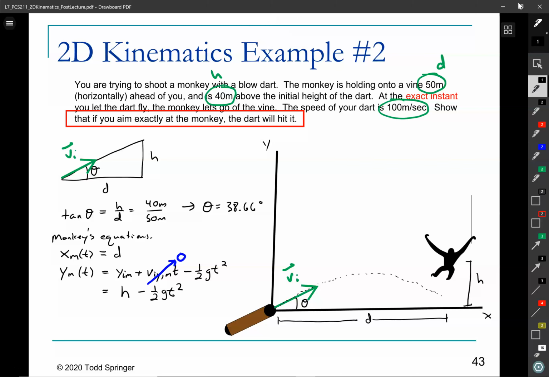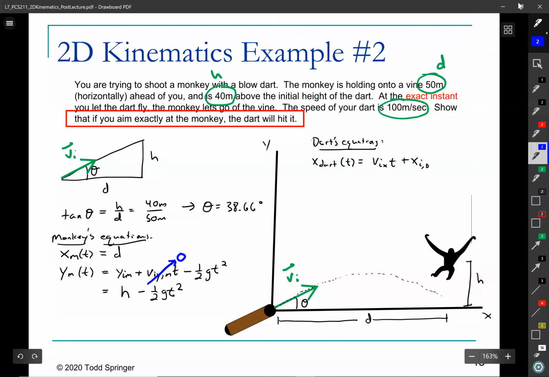Let's write down the equations for the dart. Maybe I'll do it up here. The dart equations. X for the dart. It's projectile motion, so it travels some velocity vix times t plus xi for the dart.